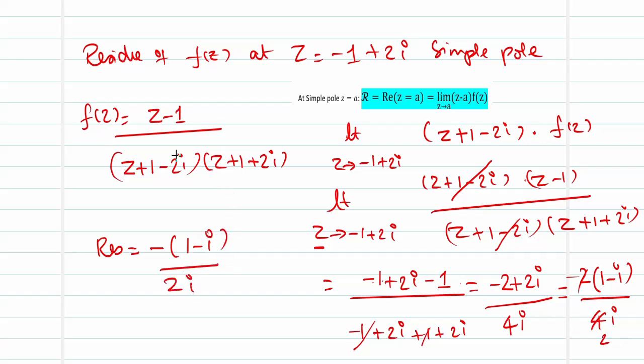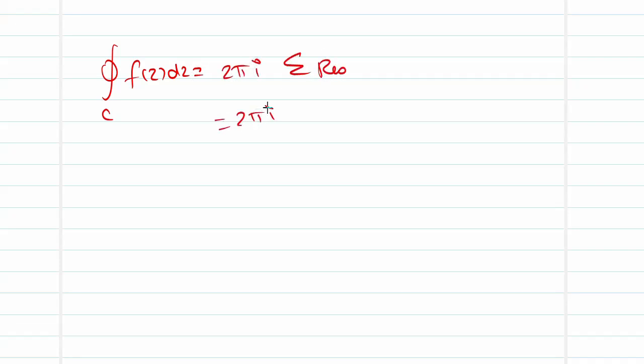Now the residue has been found. The last stage is evaluation of the integral of f of z dz, which is given by 2 pi i times the summation of the residues, which is 2 pi i times residue 1 plus residue 2. What is the residue 1? It was lying outside, so it vanished. And what is our residue 2?